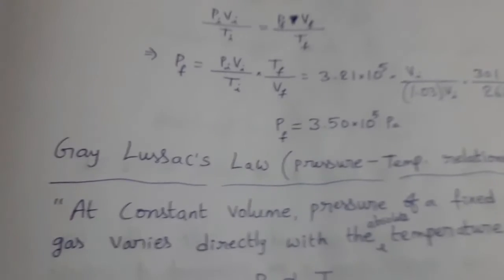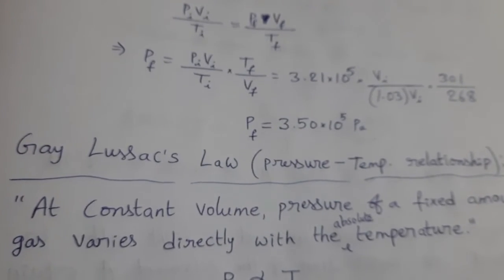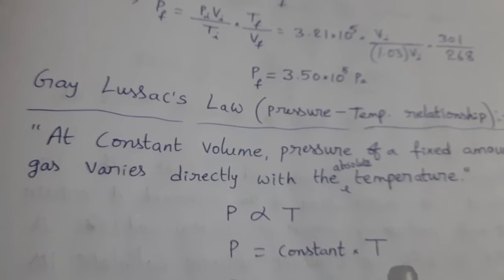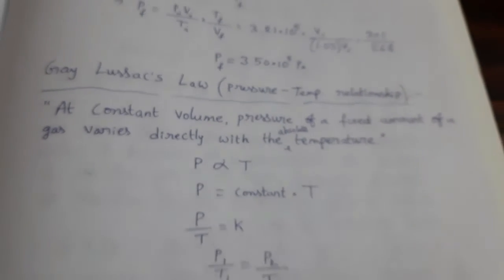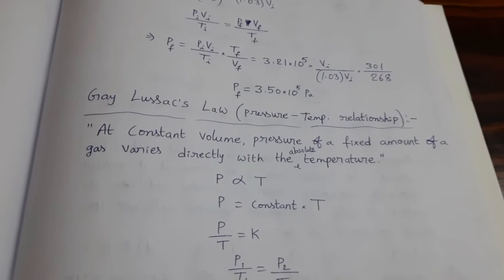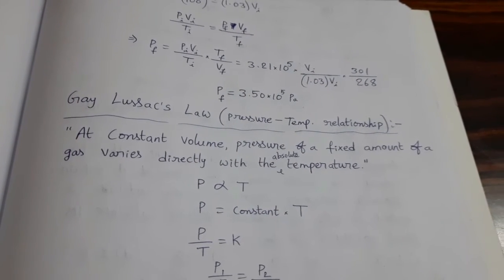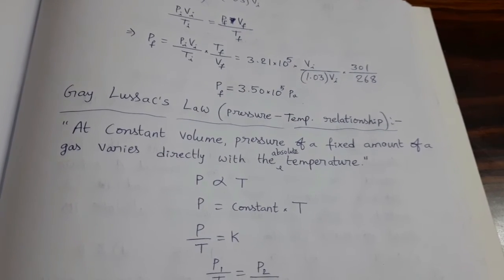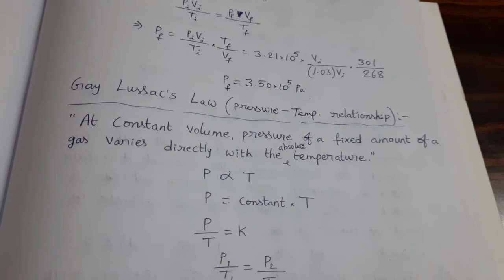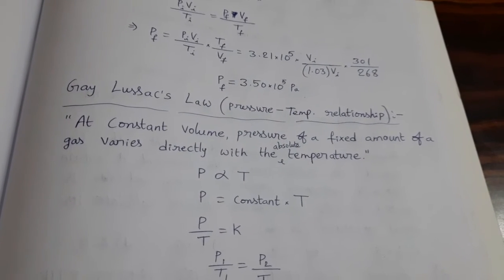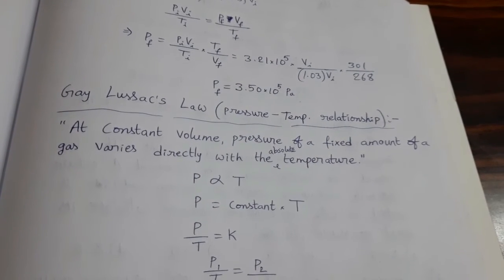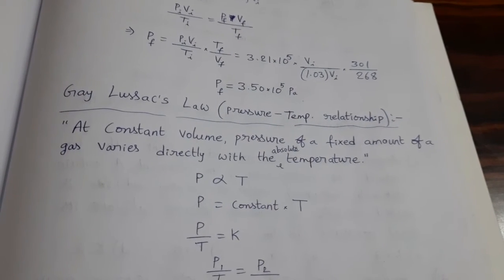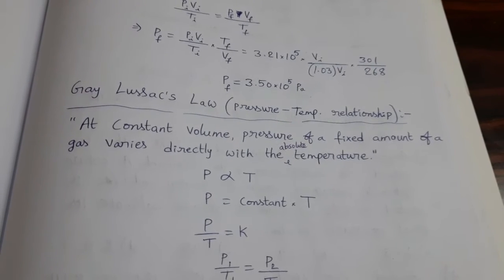It gives the pressure temperature relationship. Gay-Lussac's law. This law was proposed by the scientist Gay-Lussac. So see the statement. At constant volume, pressure of a fixed amount of gas varies directly with the absolute temperature.